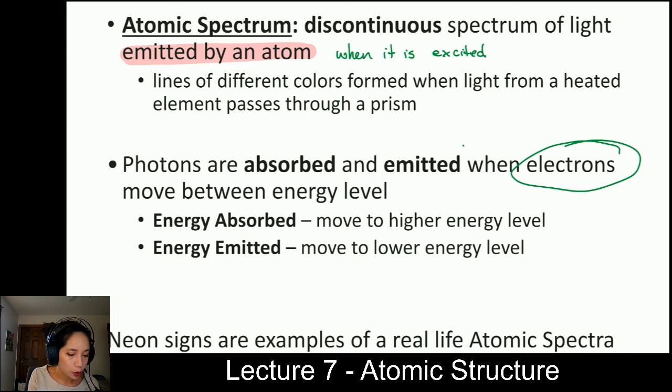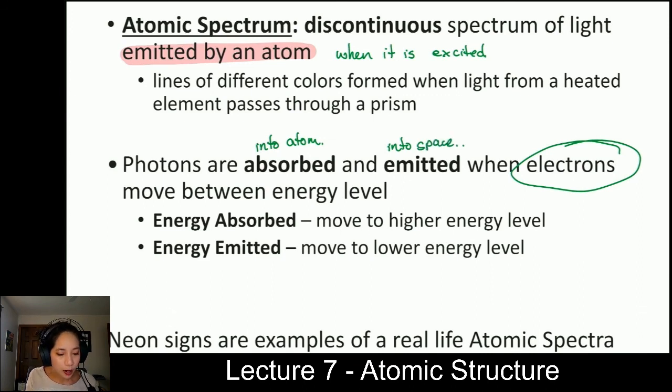So photons are absorbed into the atom, or a photon can be emitted. So essentially light comes from the atom into space, and into our eyes.